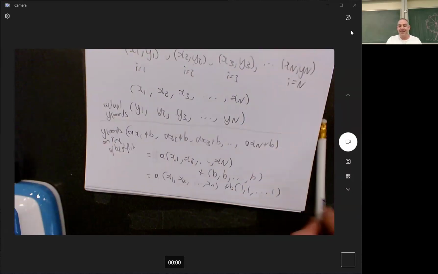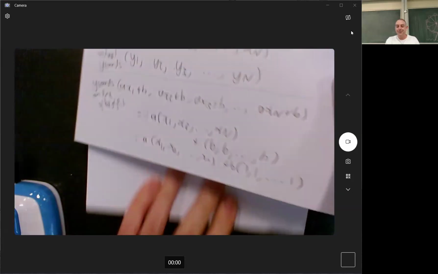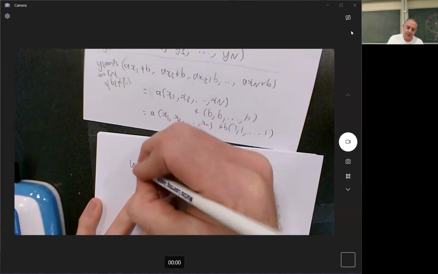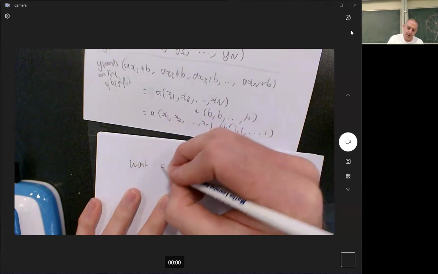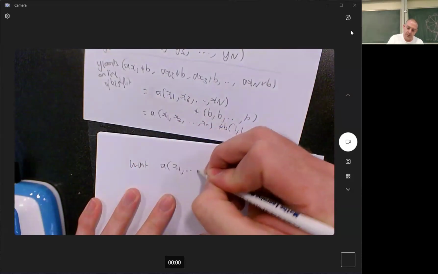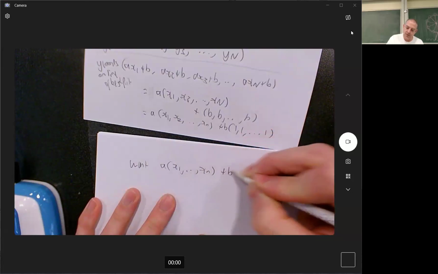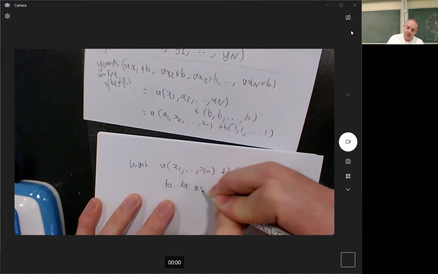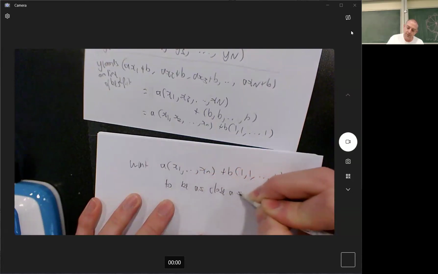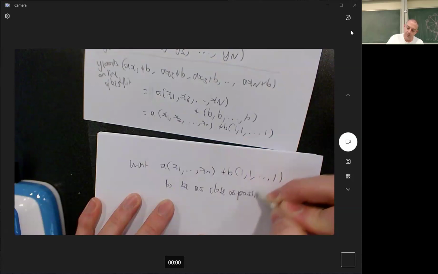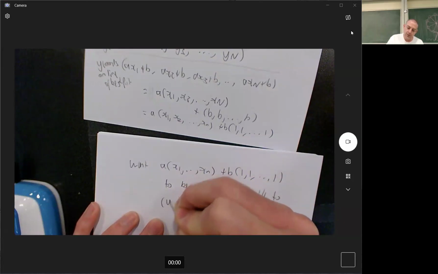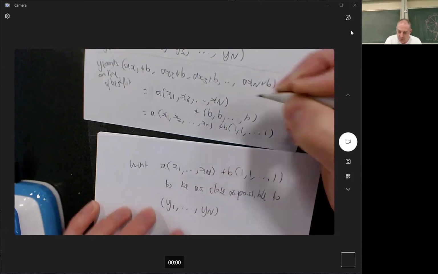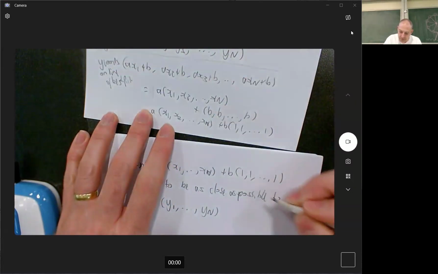I'm just going to write it as well. So what we have is that we want a(x1, ..., xn) plus b(1, 1, ..., 1) to be as close as possible to (y1, ..., yn). Sorry, I've switched to a small n.